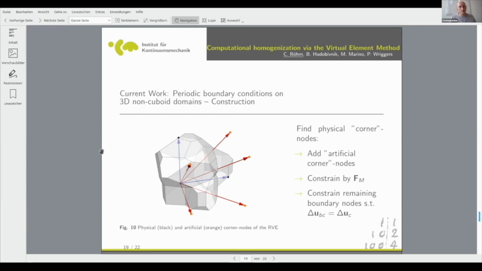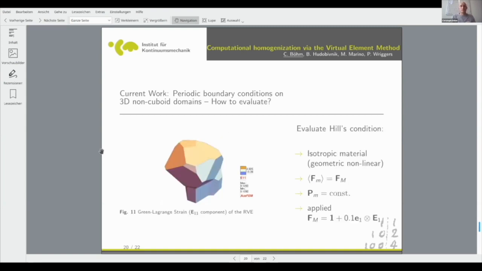So how can you evaluate if this is right when you compute that? Since everything here is based on the Hill condition, simply use the Hill condition. It means for an isotropic material, even if it's geometrically nonlinear, the volume average of the microscopic deformation gradient has to be equal to the applied macroscopic deformation gradient. So in this case, you have a constant strain, a constant Green-Lagrange strain, yeah?